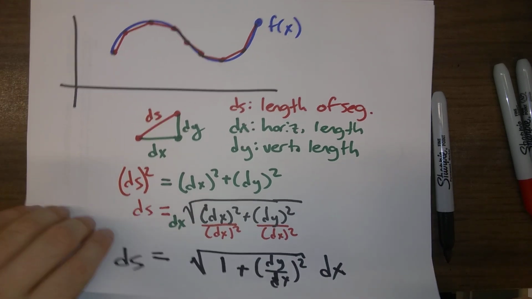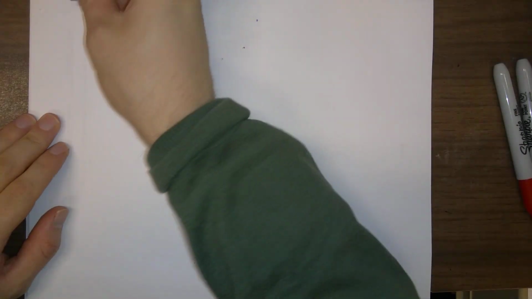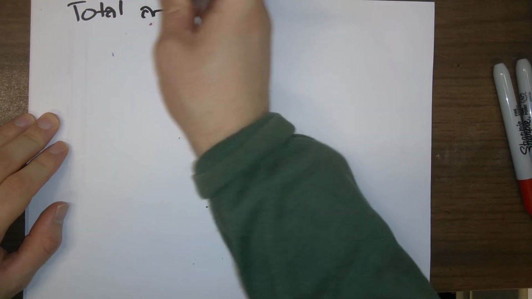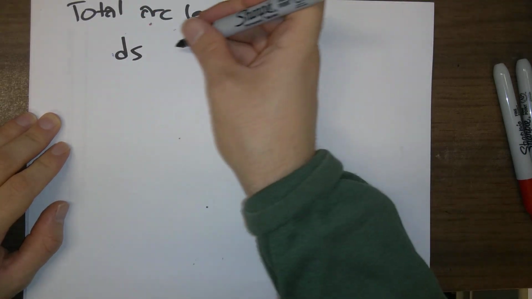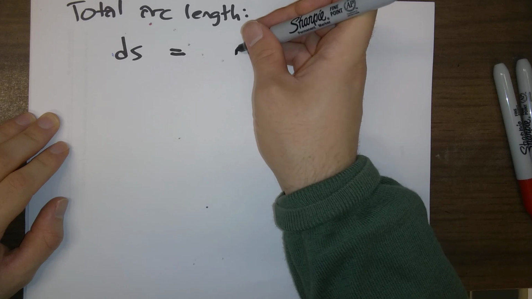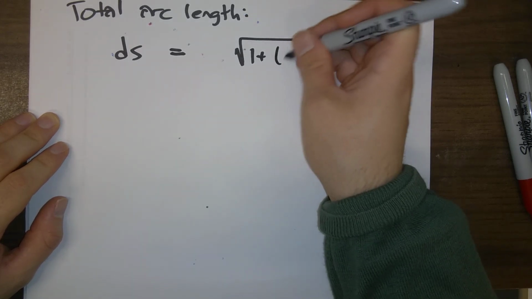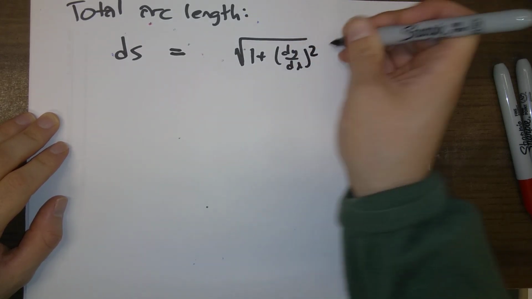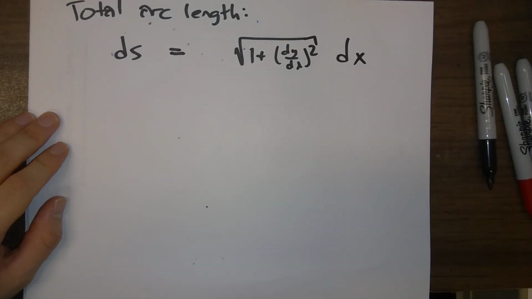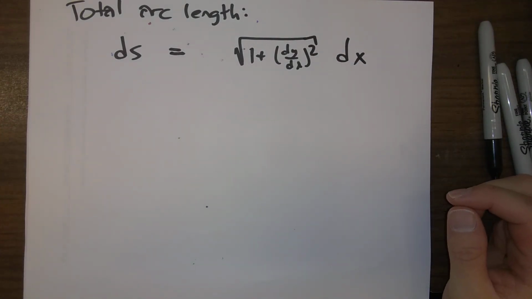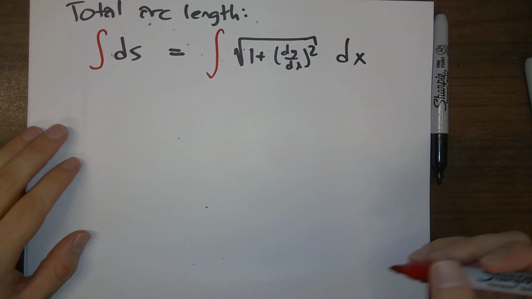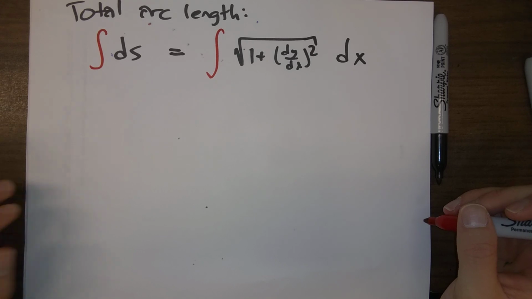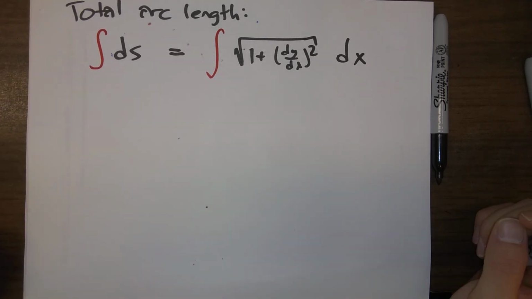Okay, so how do we go from here? Total arc length. We want to sum up, quote unquote, all of these little chunks of length. But how do we do sums here? Well, we're going to sum up all of these as the chunks get smaller and smaller and smaller. And so there's going to be more and more of them.